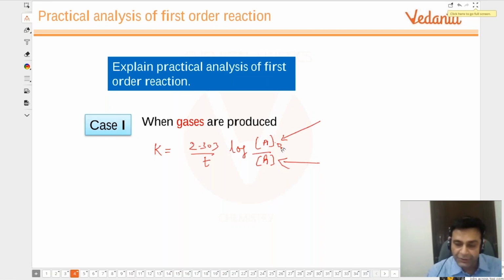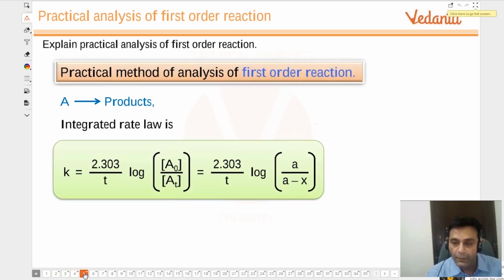So in that case, we must put the pressure terms here. Initial pressure upon pressure at any time t. So I'm putting this in place of A naught upon A.